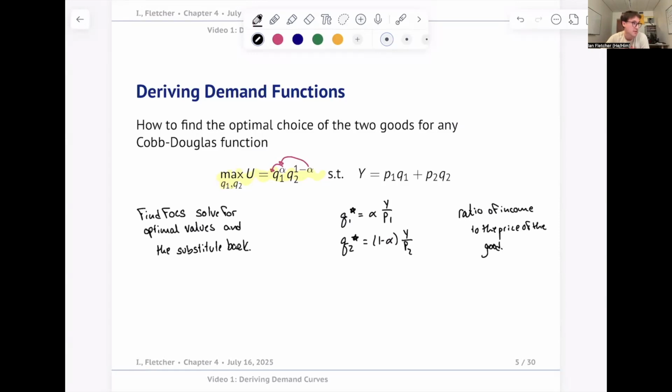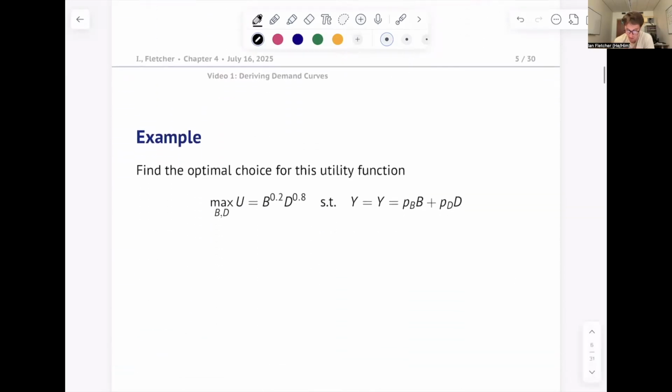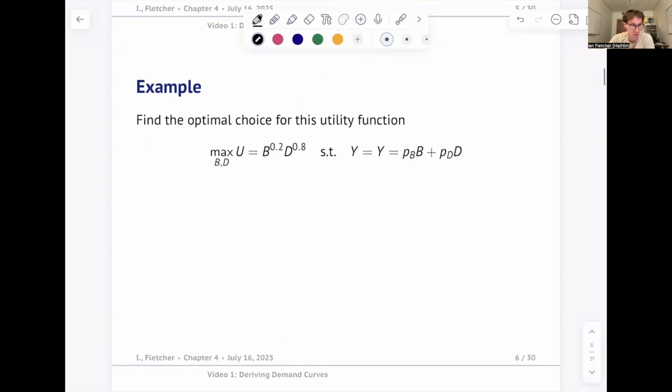Okay, so once we have all of this, we should be able to get our interactions between the two. And from this, if we think a little bit more, we can come up with an example. Suppose that we had this optimal choice for this utility function. This is where we'll do this full example.